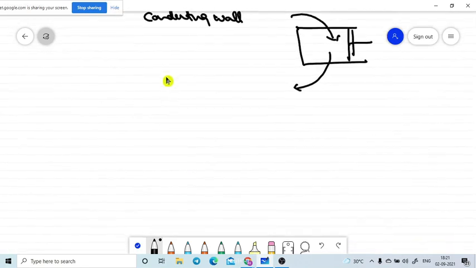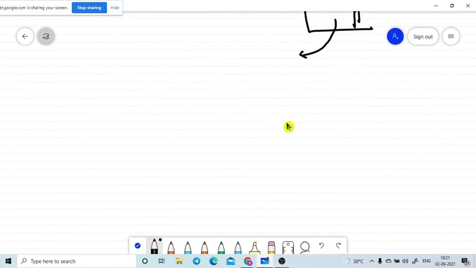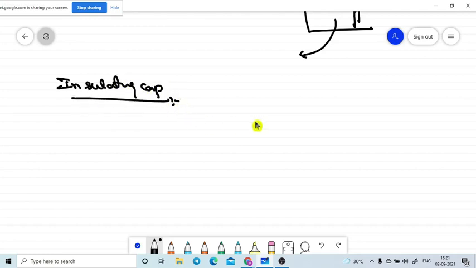Now if we take another part, the insulating cap. The insulating cap is used if we want to block the flow of heat energy from the surroundings to the system or from the system to the surroundings. It has a shape like this. The property of the insulating cap is that its walls are insulating.